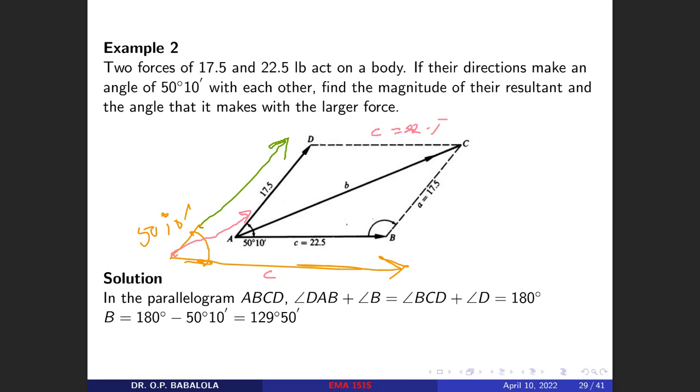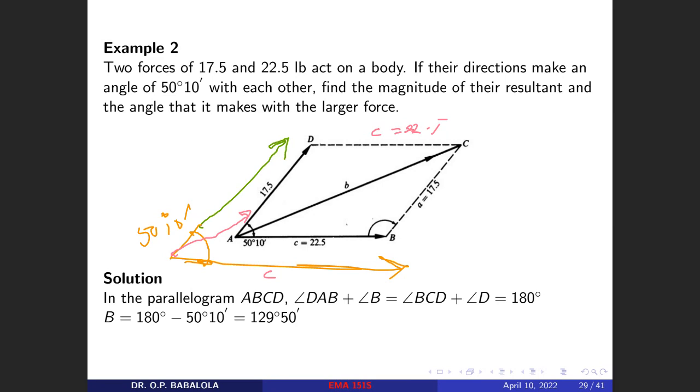And that is all we need to know. So we're going to have our angle B to be equal to 180 minus 50 degrees 10 seconds. And that's how we obtain B. I hope you understand this.